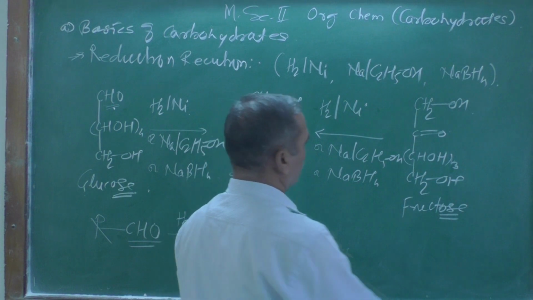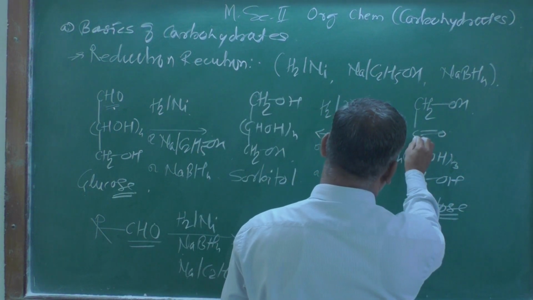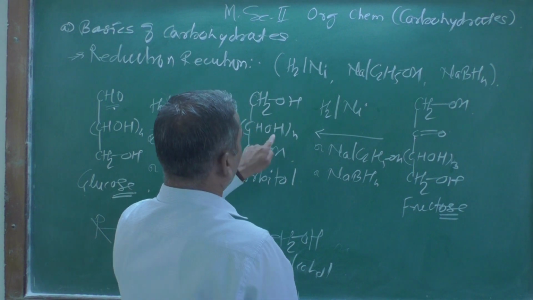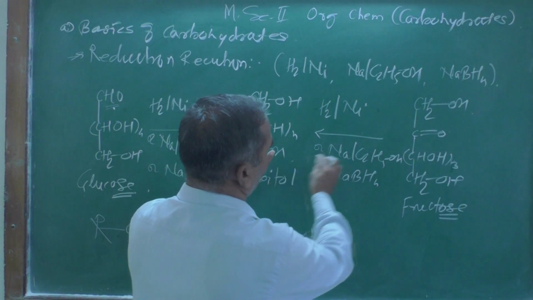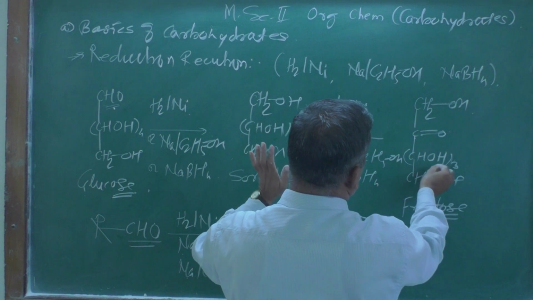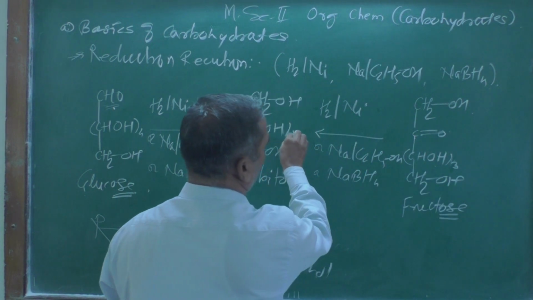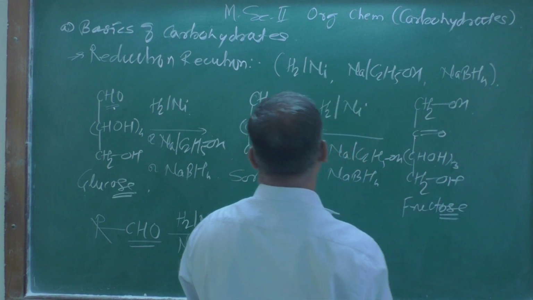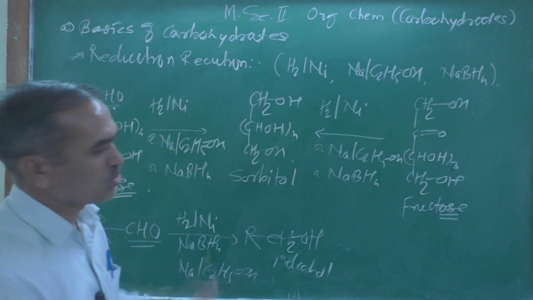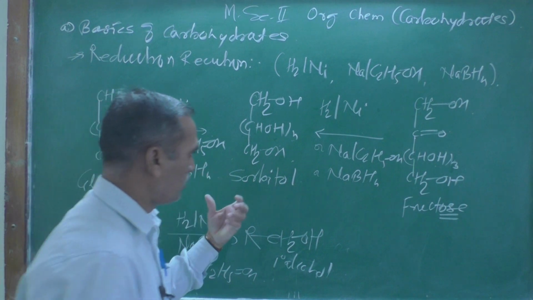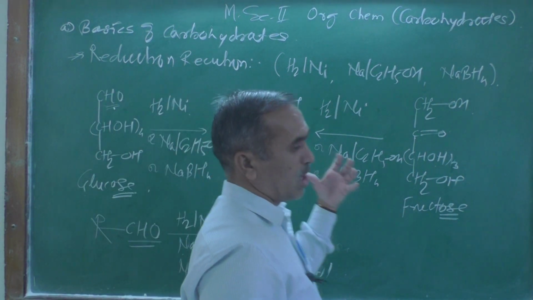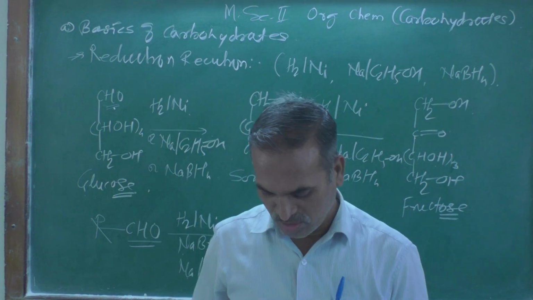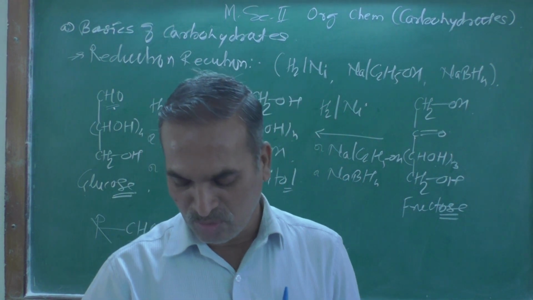What they will do is convert this carbonyl group into an alcoholic group, and therefore CHOH remains, which becomes three here, so the total becomes four here, and then CH2OH and this CH2OH, primary. That is sorbitol. Sorbitol means the OL indicates that all are hydroxy groups present there.